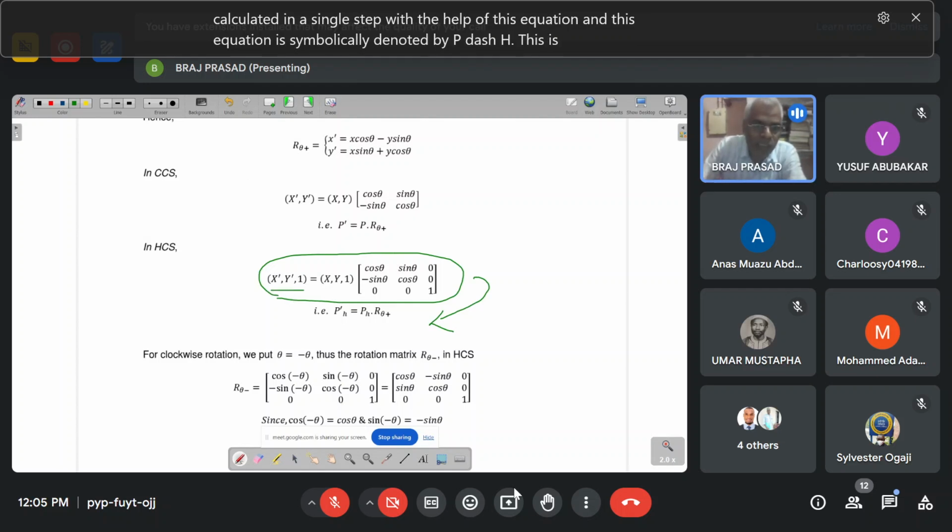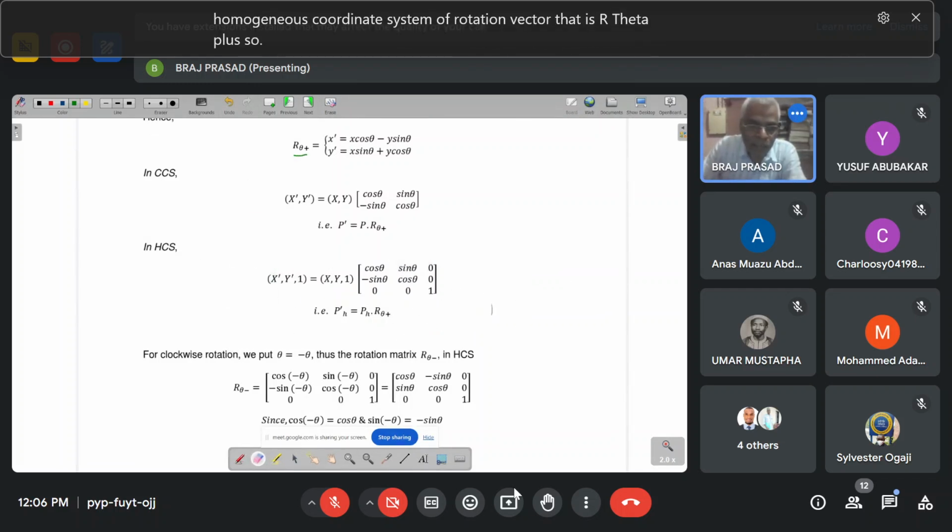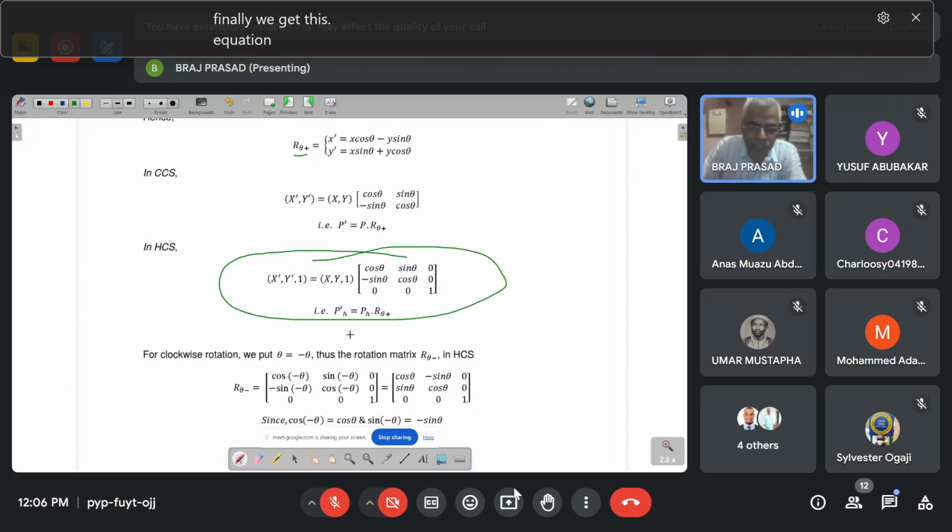This is the homogeneous coordinate system of p dash. So it is represented as p dash h, and this is the homogeneous coordinate system of p, so it is written as ph. And this is the homogeneous coordinate system of rotation vector, that is r theta plus. So finally we get this equation, and in short terms p dash h equal to ph dot r theta plus.